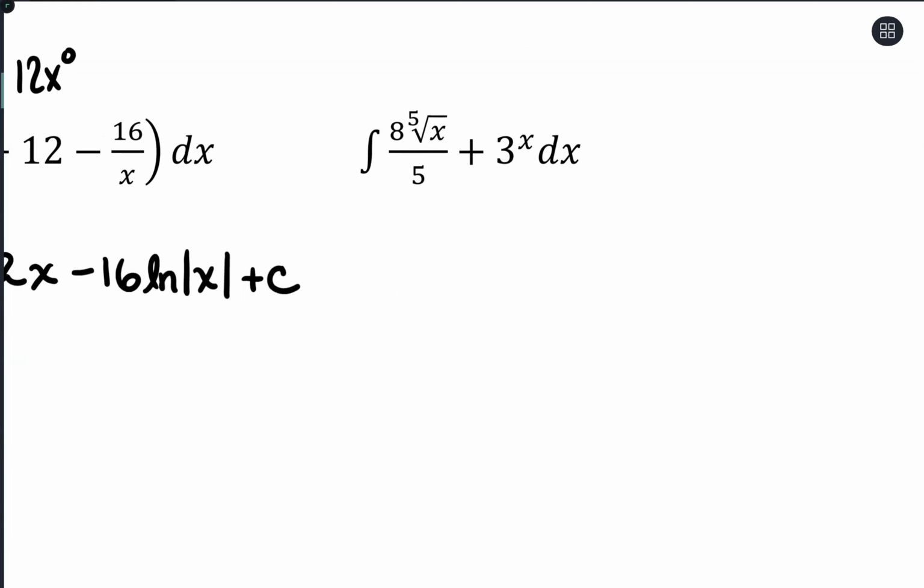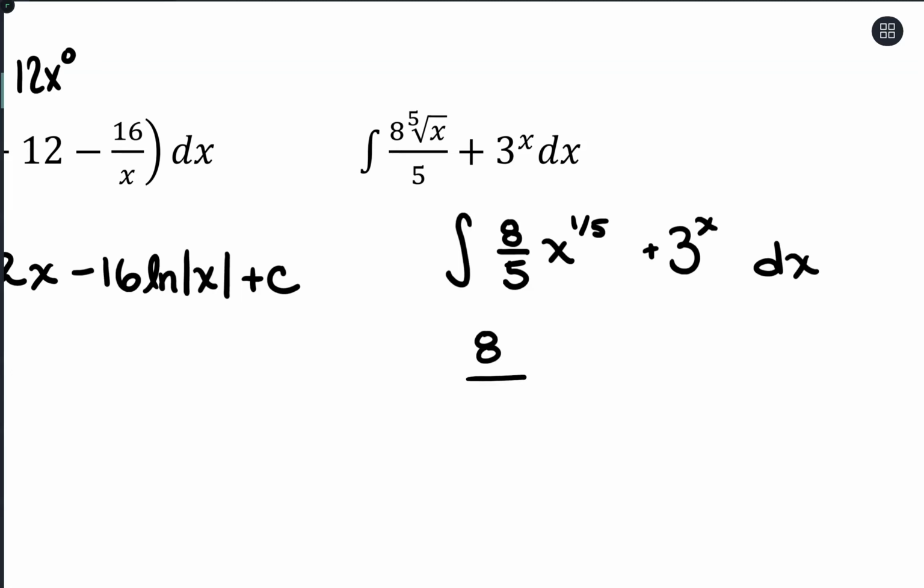All right, this one here, we have the antiderivative of 8/5 times x to the 1/5 plus 3 to the x dx. So we'll have 8/5 times x to the 1/5 plus 5 over 5, so 6/5.